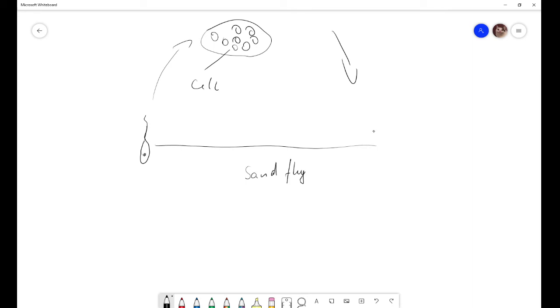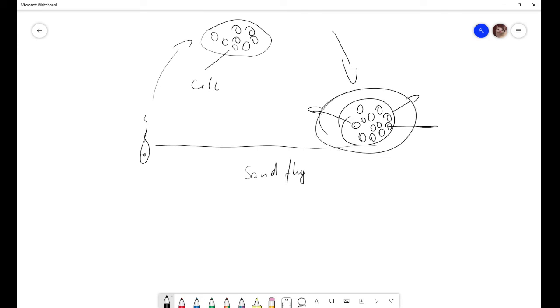And when Leishmania forms in cells, it makes more and more Leishmanias, and they invade other cells of our organism. We can make a diagnosis at this stage.